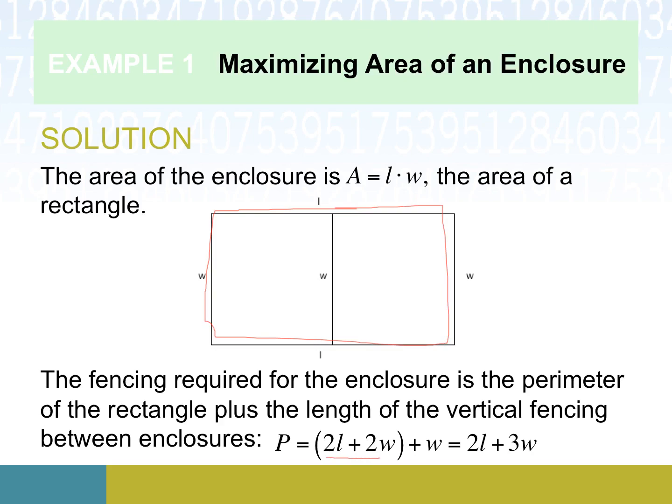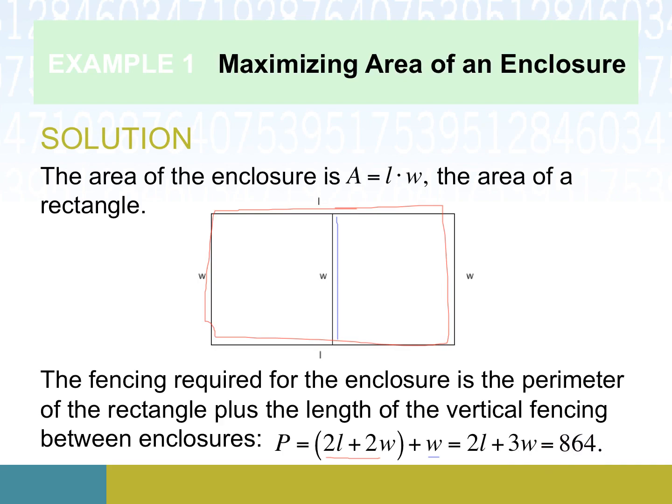But we've got this other piece here, and we have to account for that in our perimeter. So this vertical segment is what gives us one additional W in our equation. So then altogether, the total perimeter is 2L plus 3W. However, we know what this total ought to be. It should be 864 yards. That was given to us in the setup of this problem.